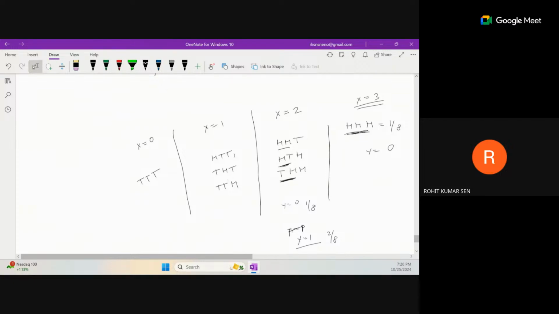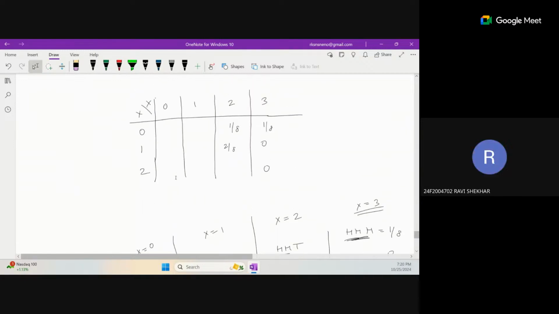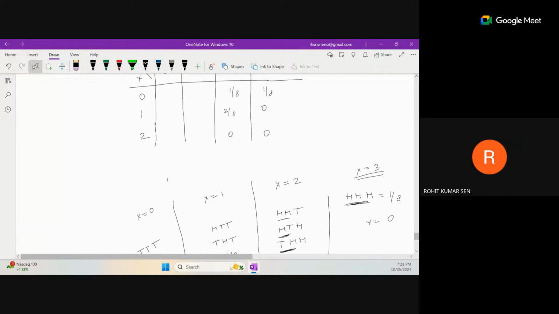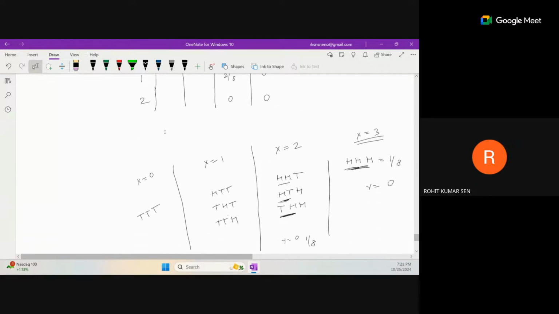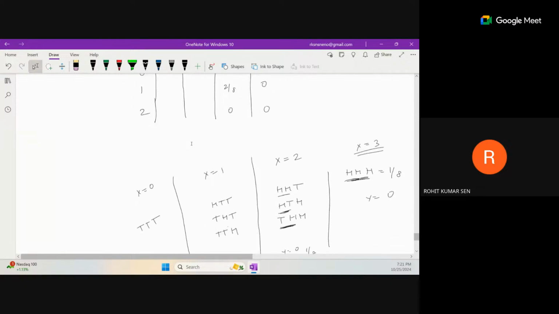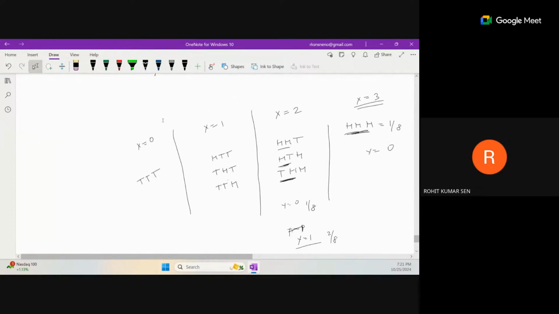X = 2 and 2 tails? It's 0. Now tell me X = 1 and Y = 0. 0, because 0 means no tail. Here I have a tail, here also a tail, here also a tail. So it is 0.